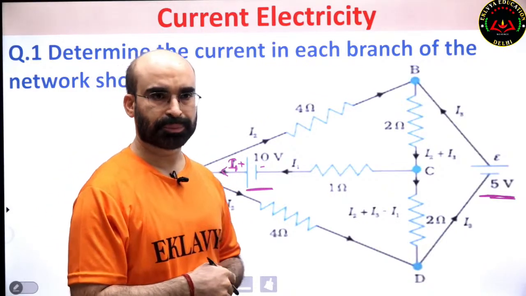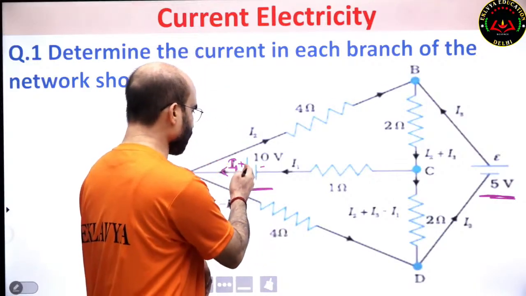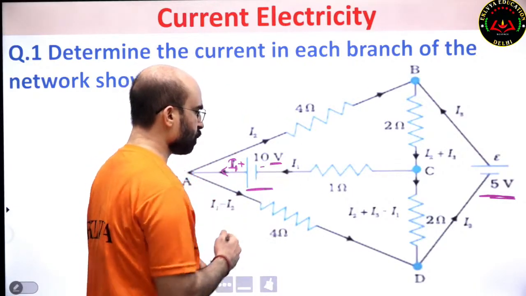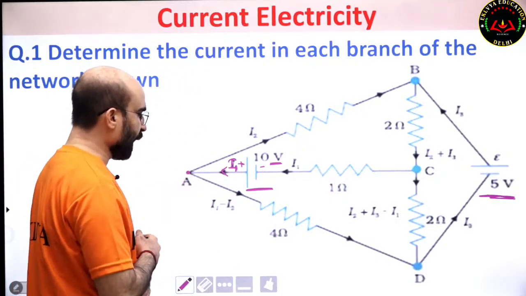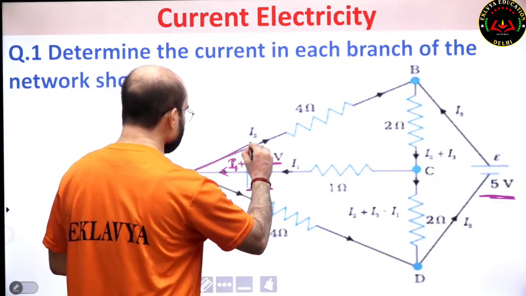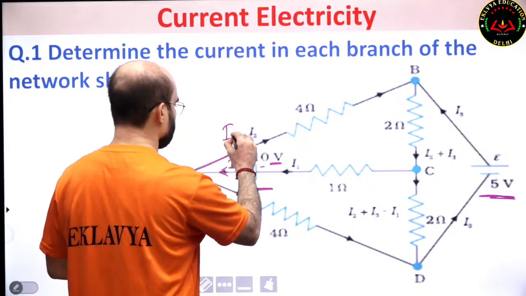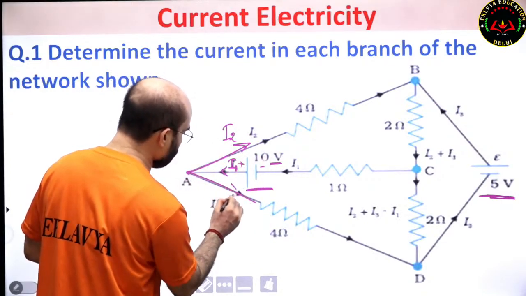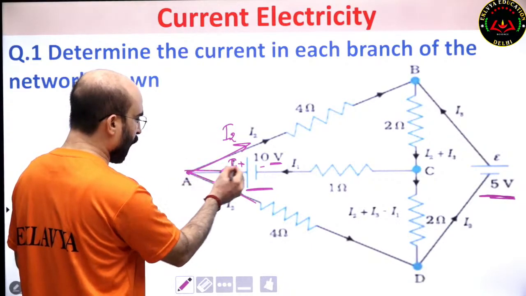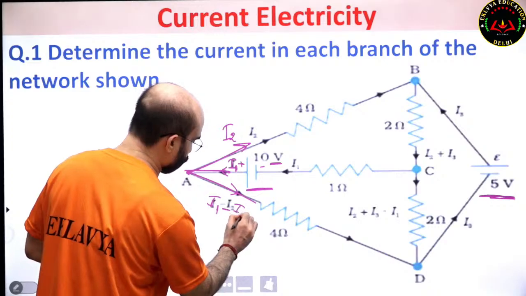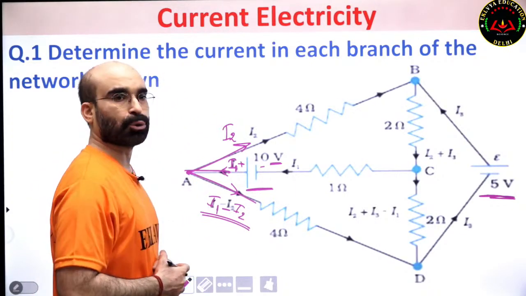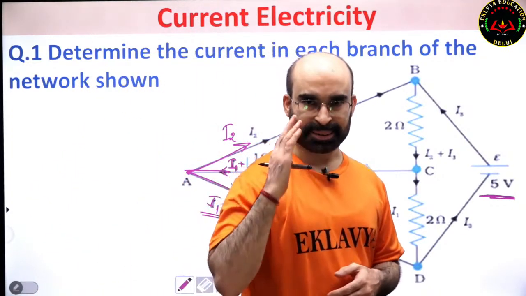I1 is the current from this cell, which has EMF 10 volts. Now here at point A, if I2 is going in this direction, and I1 was coming in, it will be I1 minus I2. This is the junction rule.